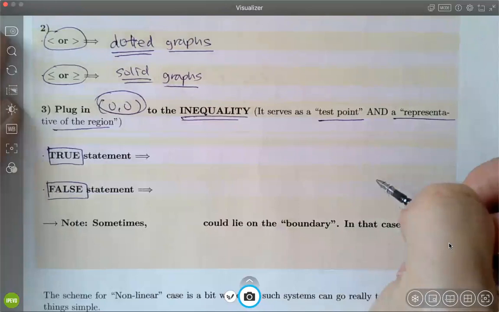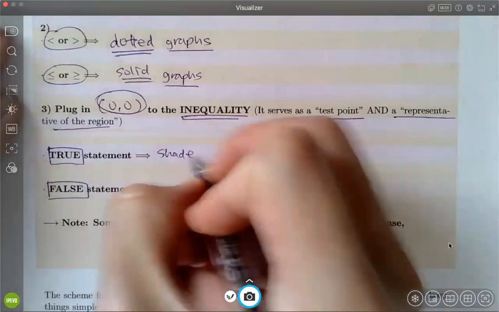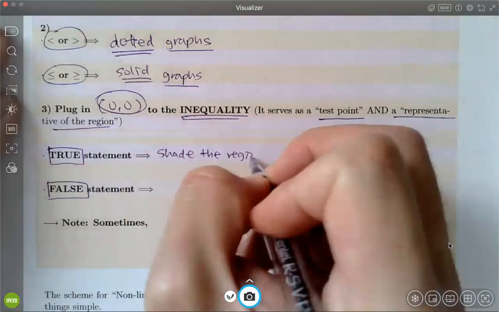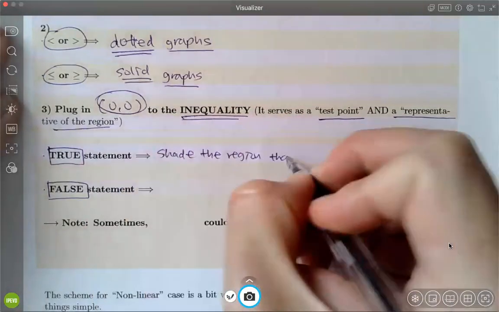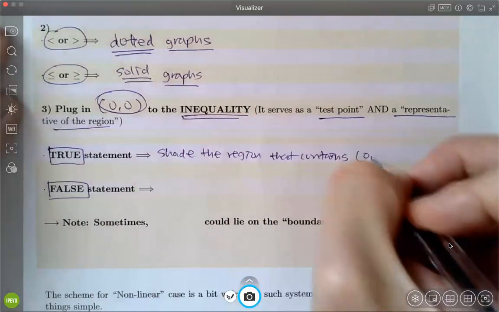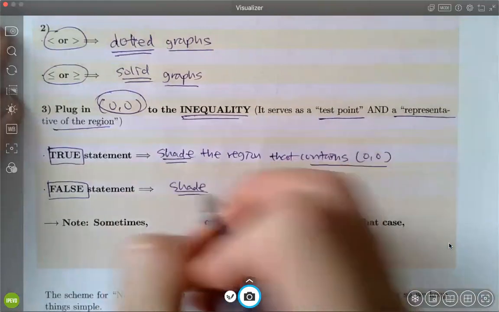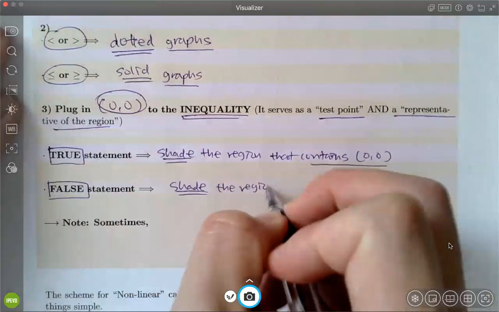If you get a true statement, you shade whatever region contains the origin. If not, you shade the other region. Okay, same thing. Shade the region that contains the origin. If not, shade the region that does not contain the origin.